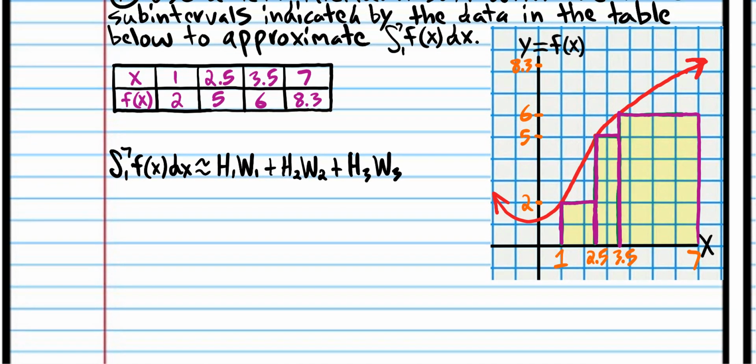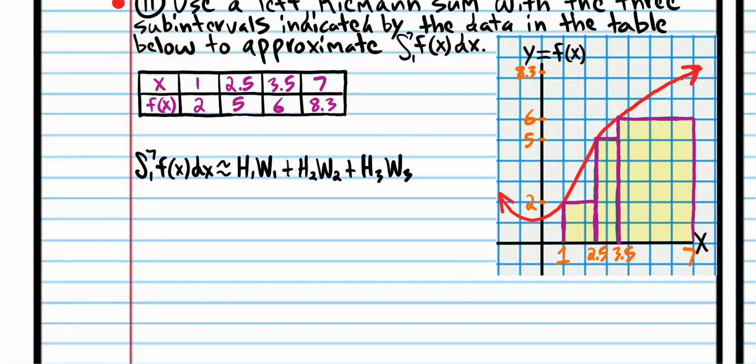Now again, in previous classes, the widths of our rectangles were all the same. That's not the case with these problems. The widths are actually all different. So let's calculate.